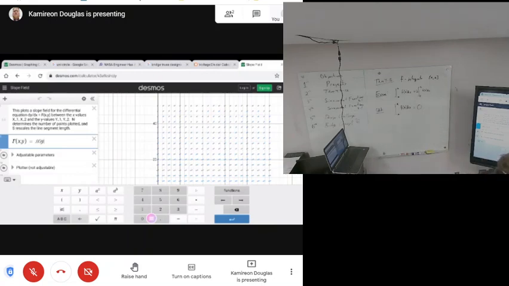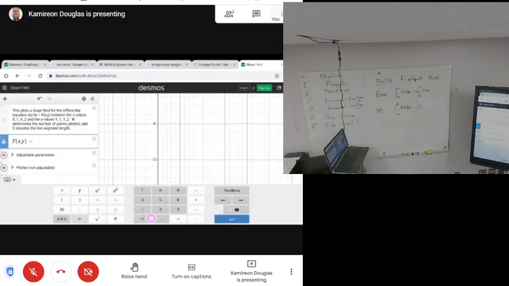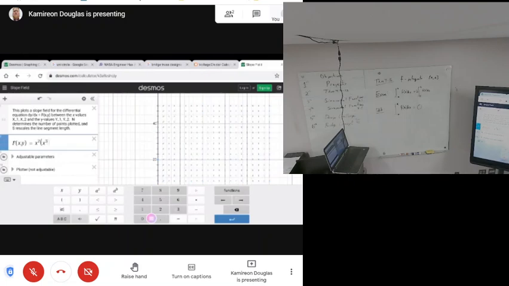So this one, this is number 44. It says dy dx equals x squared times (x cubed minus 1) squared. So I do x squared times (x cubed minus 1) squared.